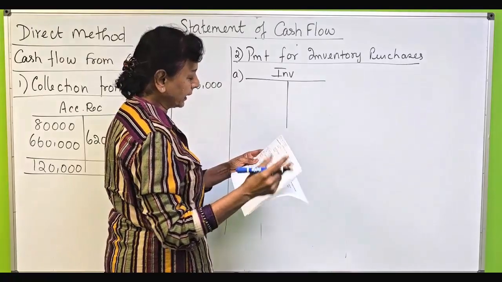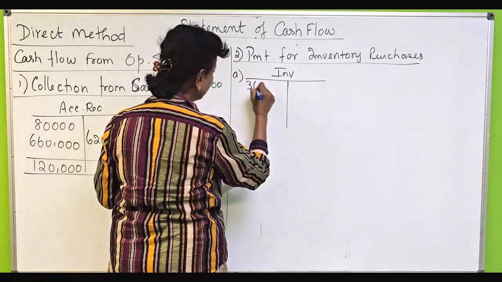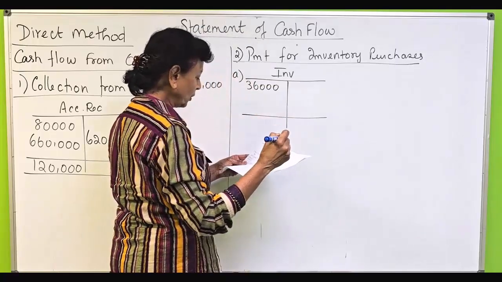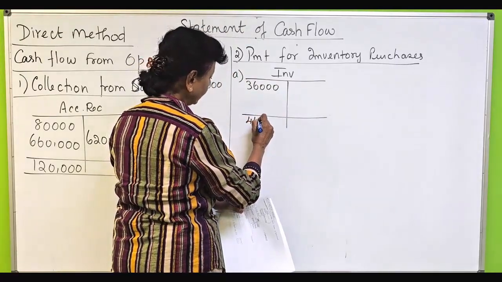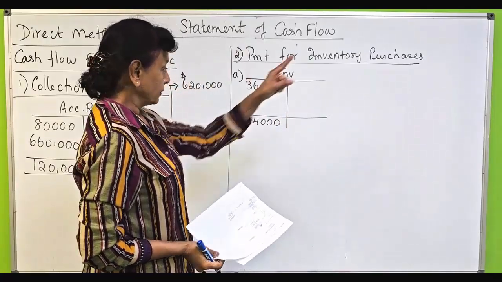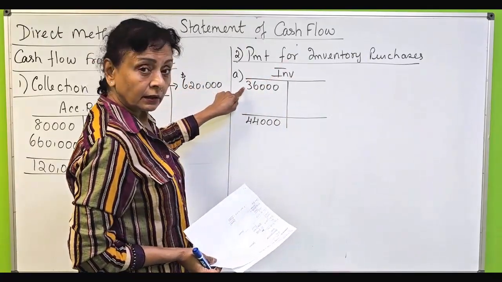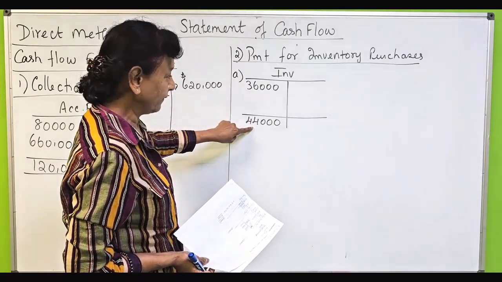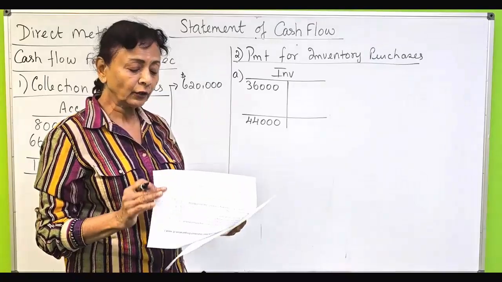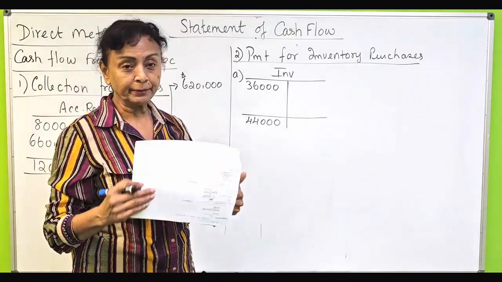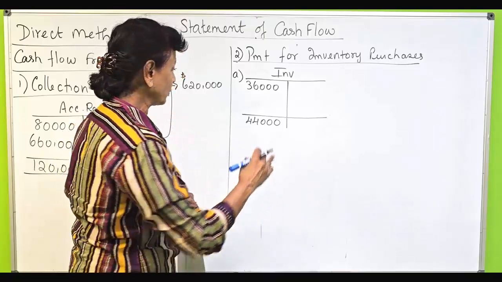The beginning balance was $36,000 and the ending balance was $44,000. They started the year with 36,000 and ended the year with 44,000 in inventory. If you look at your income statement, the cost of goods sold expense was $308,000.